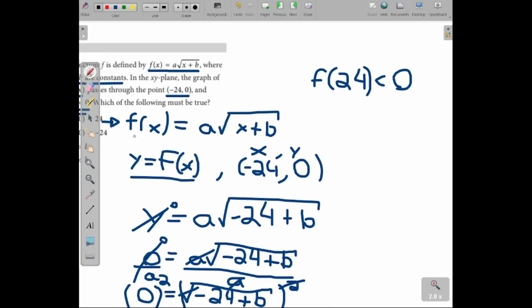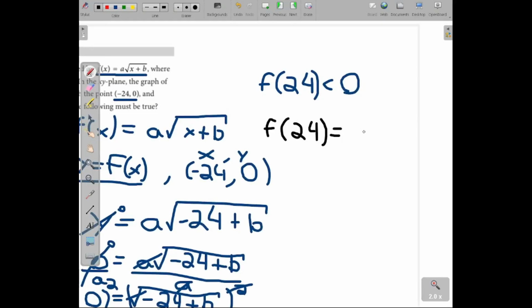We have to use the function f of 24 is equal to a square root, the value of x is 24, plus b.